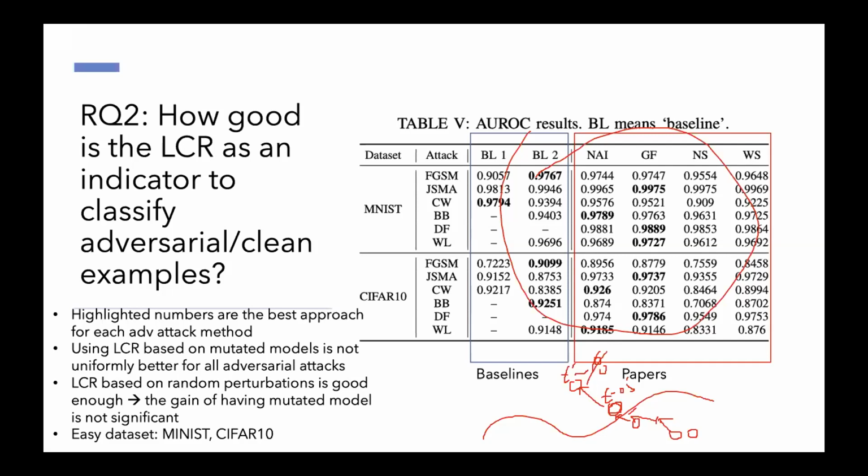So we let Zhang Cheng try on MNIST and CIFAR10, just based on their datasets, and use an existing adversarial attack method. You can just pick one of them. Which adversarial method should I use?